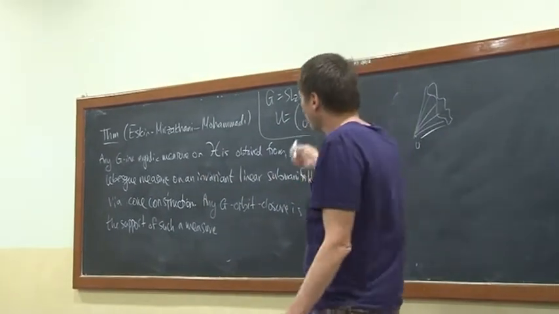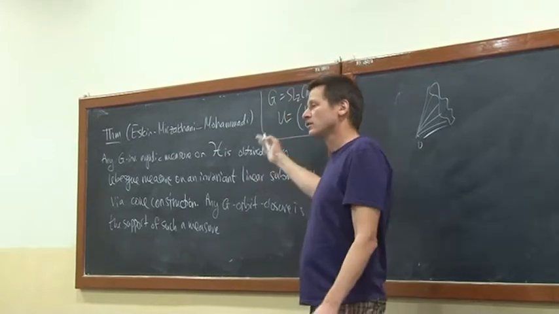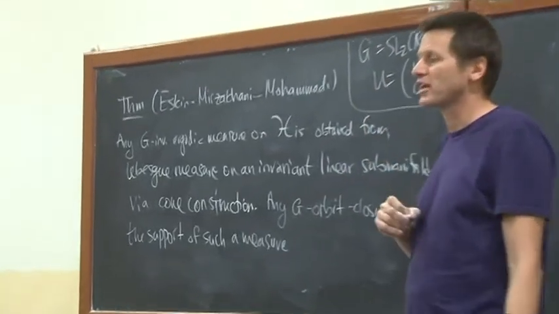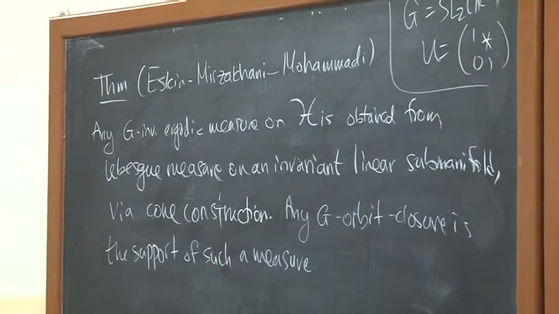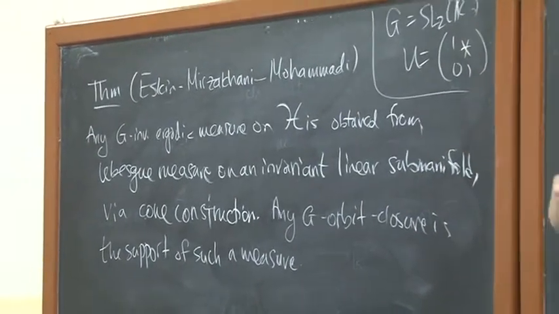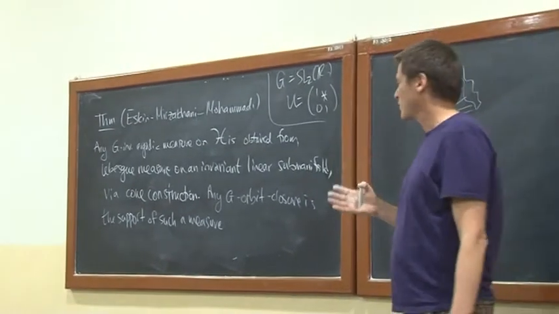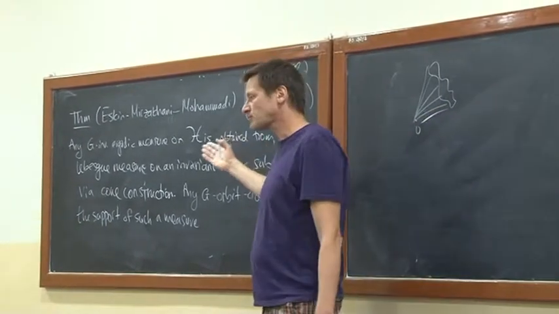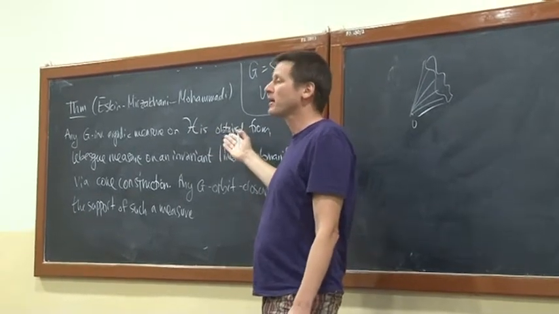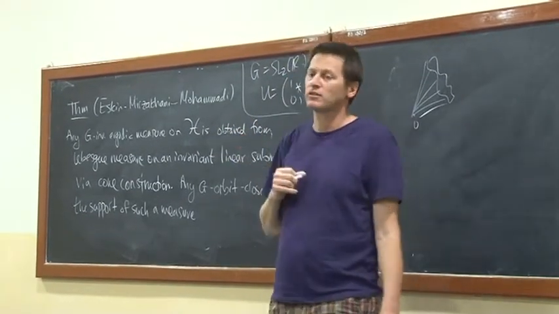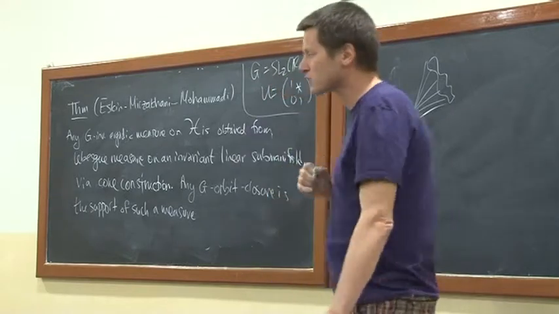And this problem of understanding invariant measures naturally reduces to understanding invariant measures on surfaces of area 1. The theorem tells you that all you have to look at is to identify the linear submanifolds in the stratum which are invariant under SL2R and closed. Take the Weg measure and cone it off, and by this cone construction you get these measures.